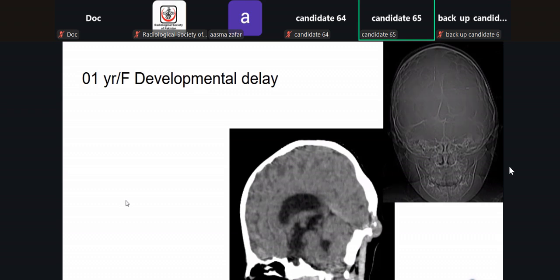There is loss of gray and white matter differentiation. Pediatric age group. Ma'am, there is dilated lateral ventricles suggesting hydrocephalus in this patient.